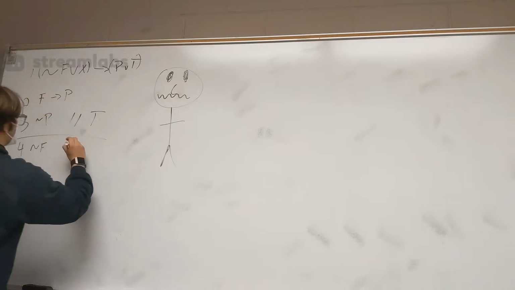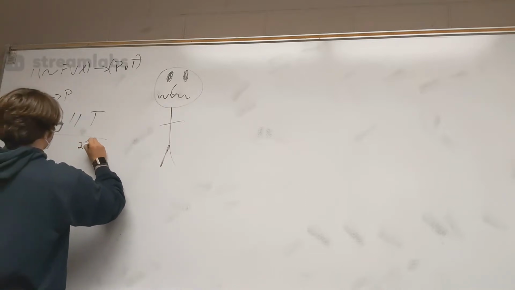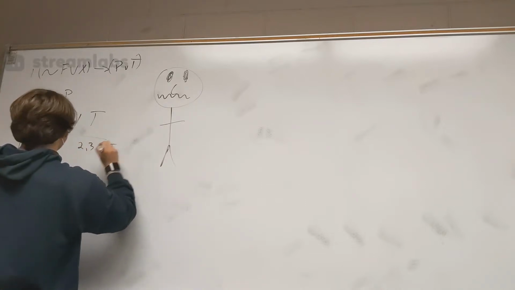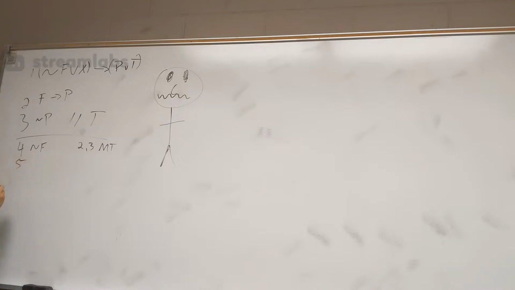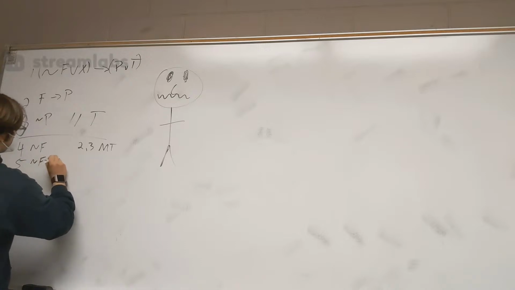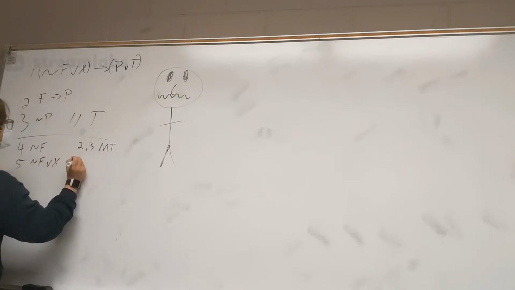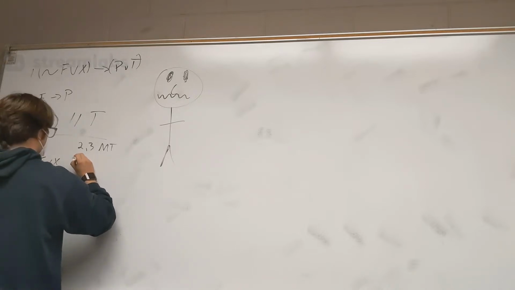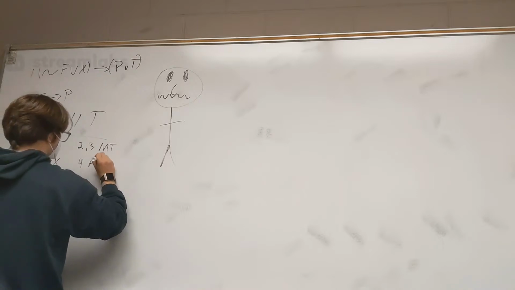Alright. So, we can get not F from 2, 3 modus tollens. Good. And you can get not F or X from 4 addition. Good.